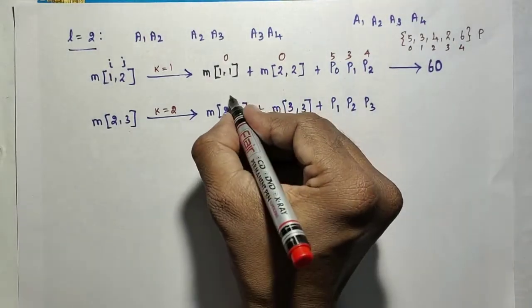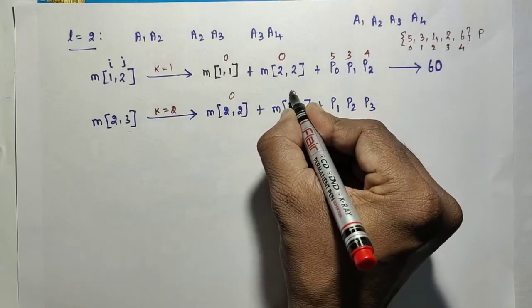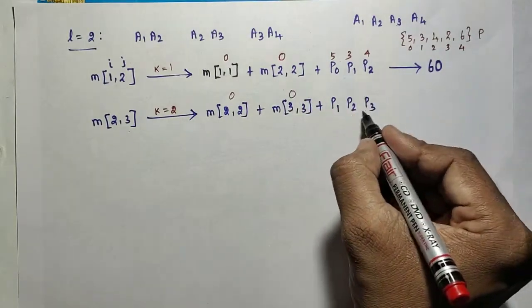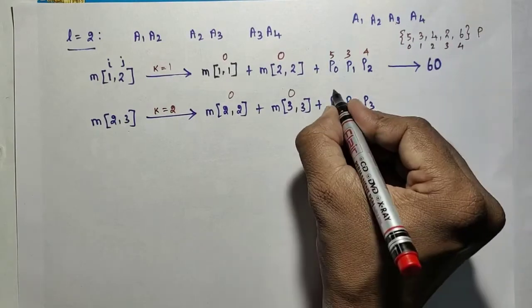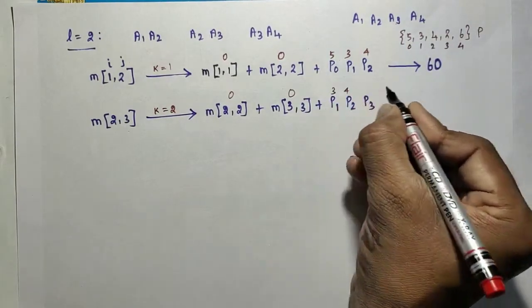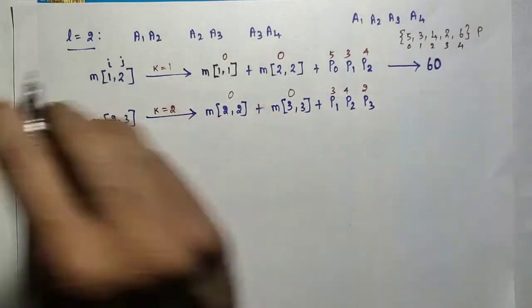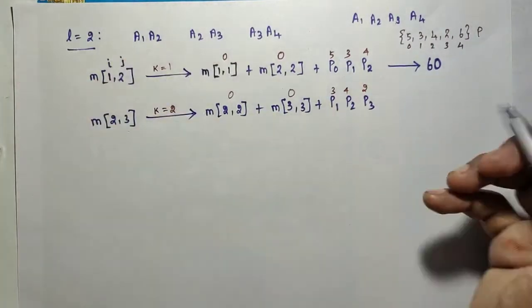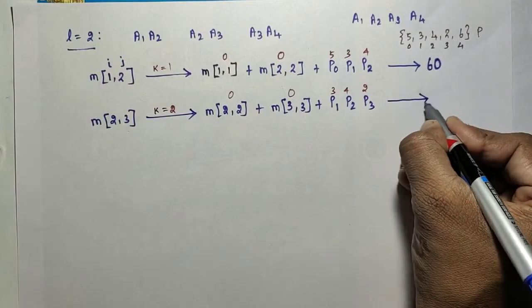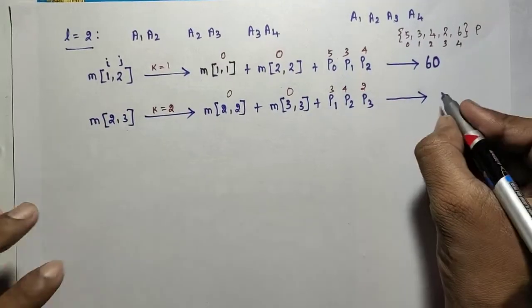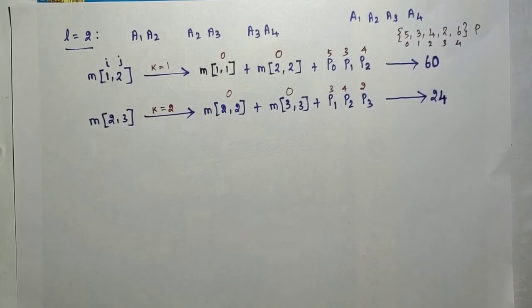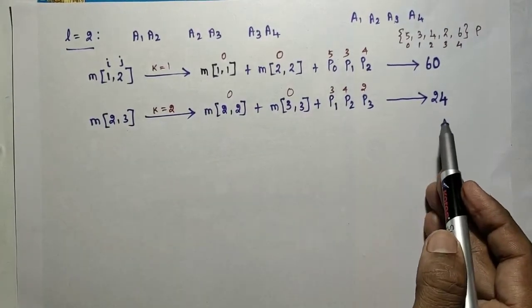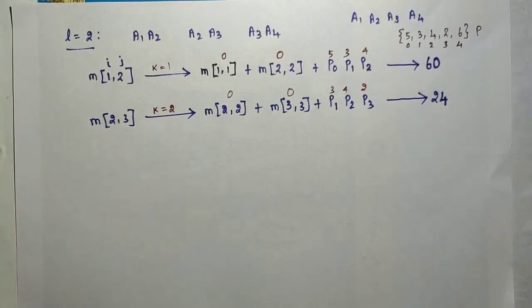So 2 comma 2 is 0, 3 comma 3 is 0. The p1, p2, p3 values will be taken from here: 3, 4 and 2. So the answer is 24. So here we obtained 24 for k equal to 2, and that needs to be filled here.